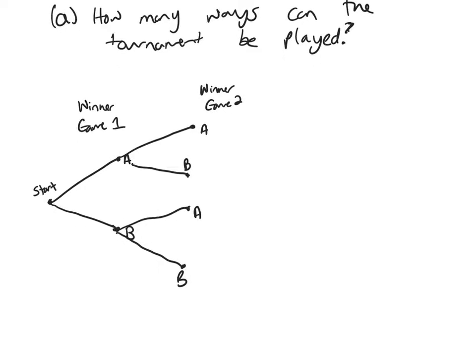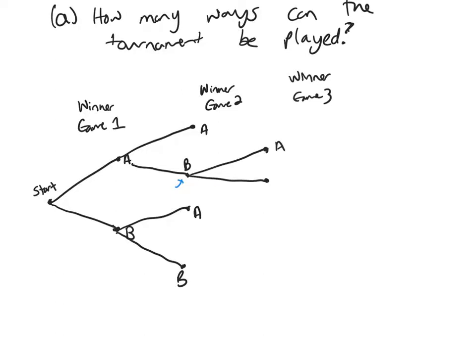Now, I want you to take a minute and look at this top path right here. A has won twice in a row, and so if that happens, the tournament would be over. But now if I look instead at the second possibility here, A won the first game and B won the second game, so the tournament is not over. In that case, we would have to continue to a game 3, and there are 2 possibilities.